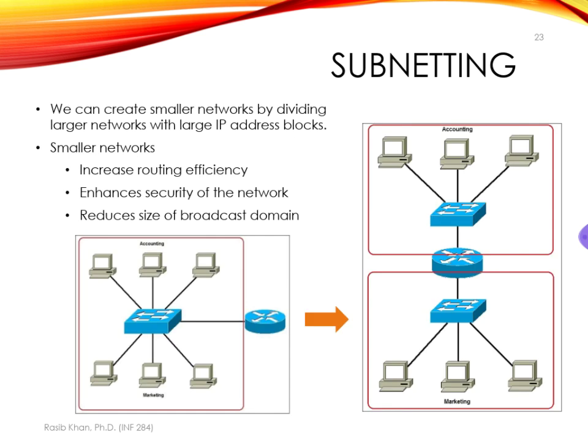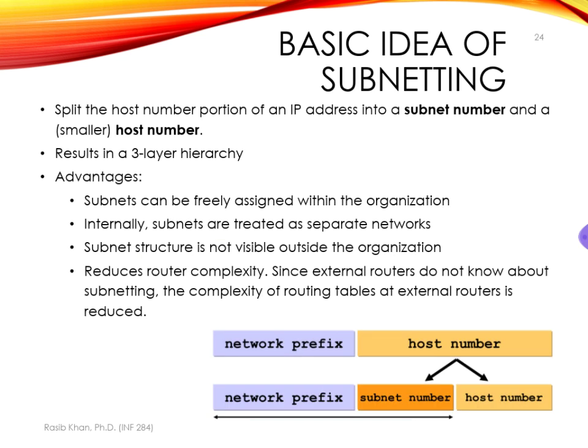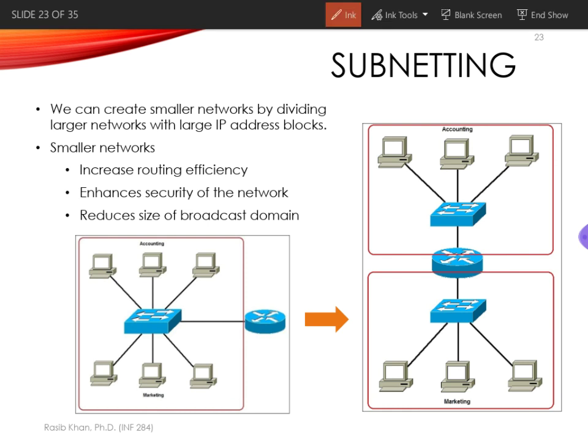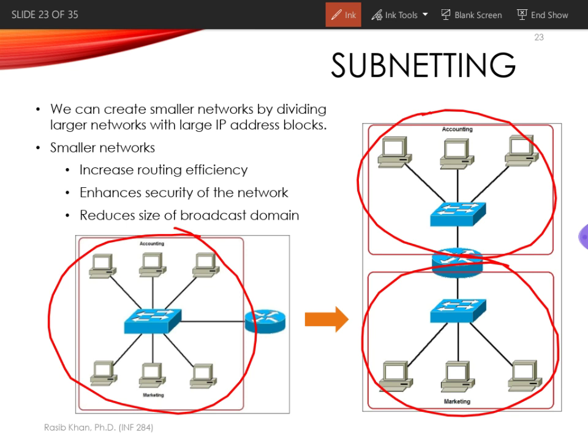One of the advantages, as we have already mentioned, is better management. However, an additional benefit is that when we divide a larger network into subnetworks, overall it improves the routing efficiency.